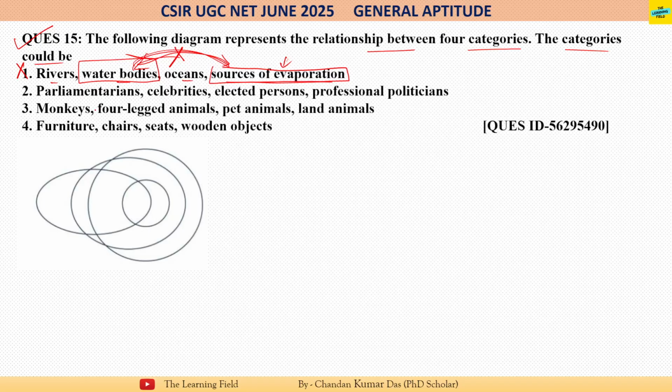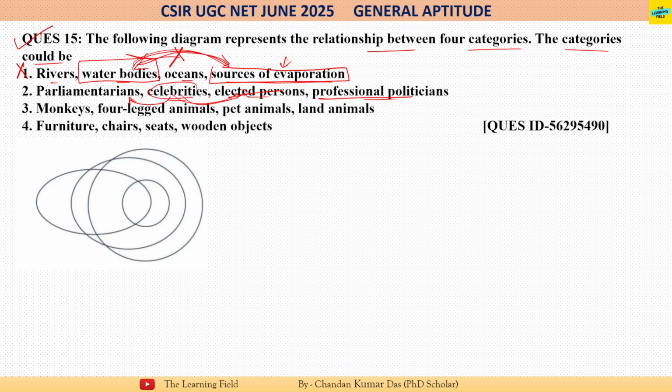Fine. Similarly, parliamentarians, celebrities, elected person, professional politician. Now, between celebrities and parliamentarian or elected persons, there may or may not be a relation, because an elected person may be a celebrity or a celebrity may be an elected person also.